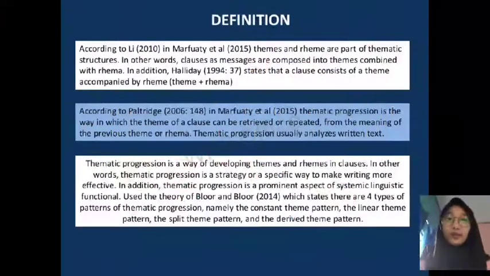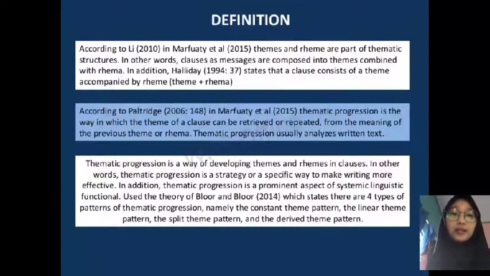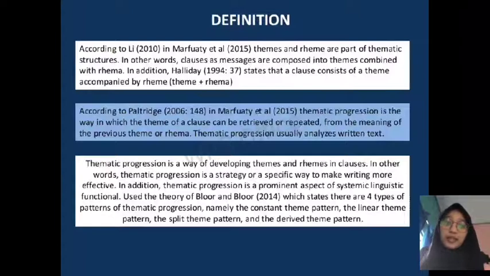Okay, thank you for the moderator. So here I will explain about the definition of theme progress. According to Lee 2010, in Marvedi et al. 2015, themes and rhymes are part of thematic structures.